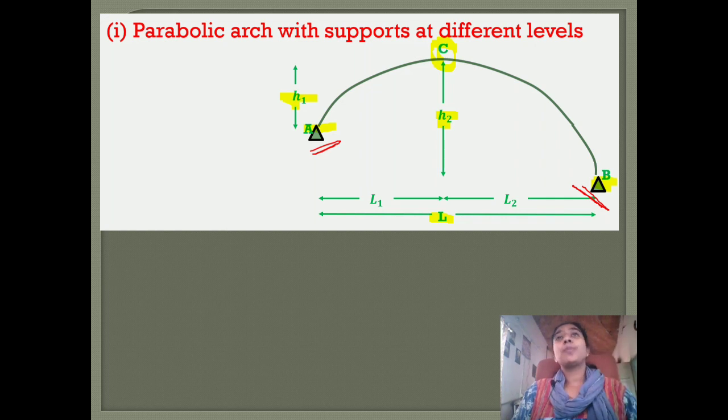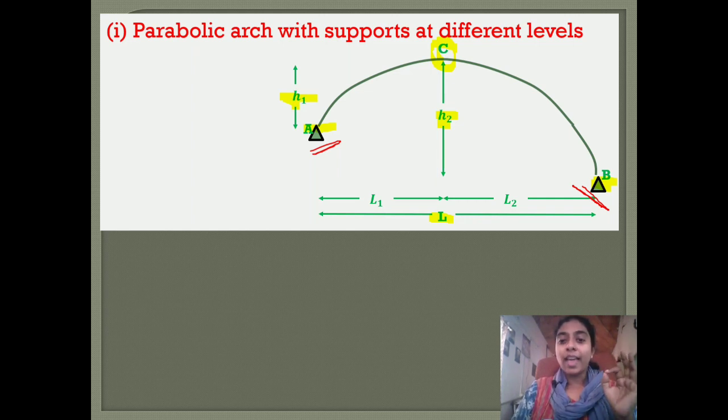In the previous problems we had only the rise, which we took as H. Here, since the supports are at different levels, we have both H1 and H2. H1 is the height of the left support from the crown, and H2 is the distance of the right support from the crown. H1 and H2 are the heights, and the distance between the supports is L.